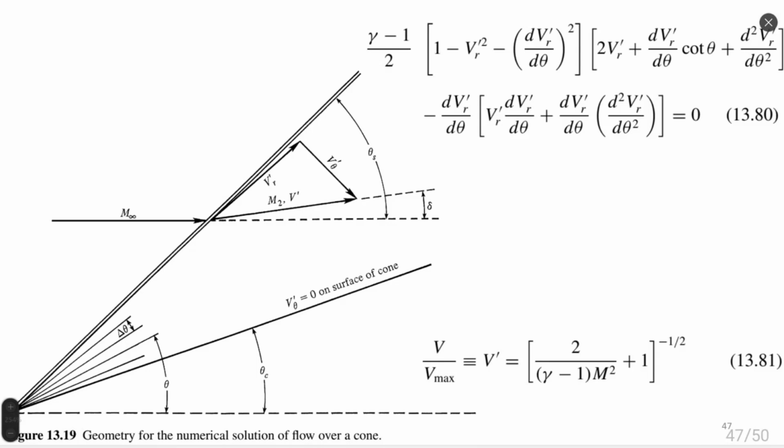Equation 80 represents the change of velocity with respect to an arbitrary angle theta. This angle theta changes from theta c, the angle that describes the surface on the wall, to theta s, which is the angle of the shock wave.